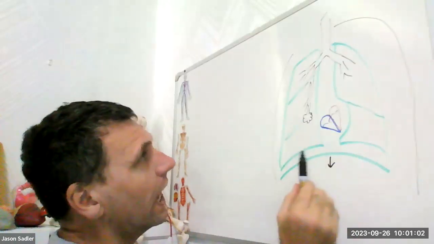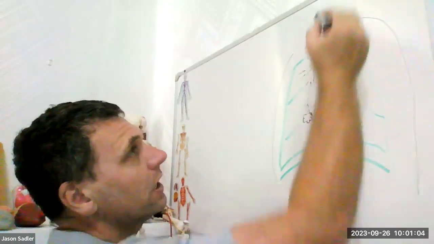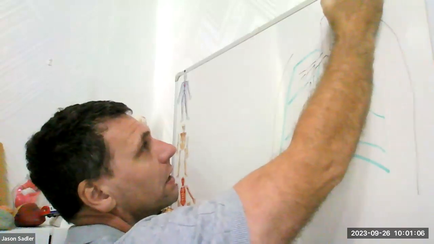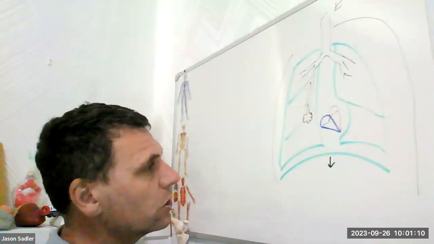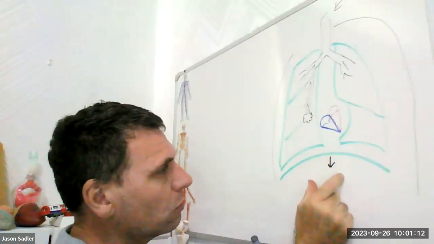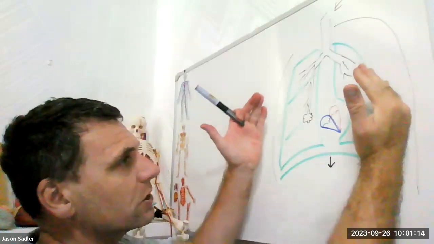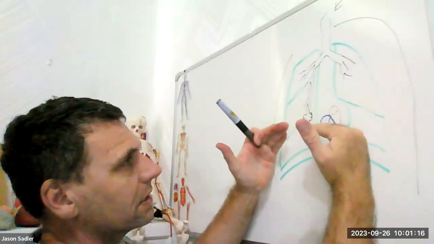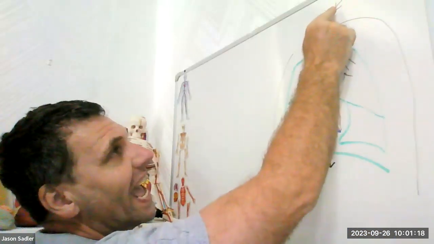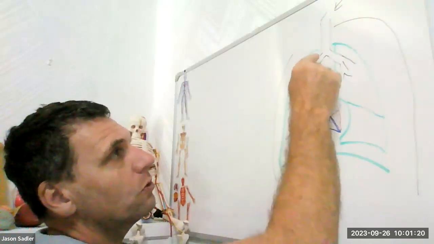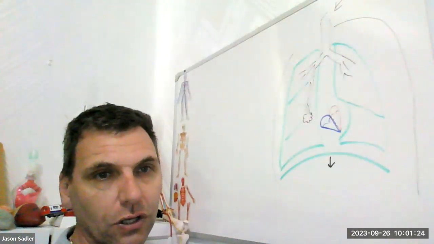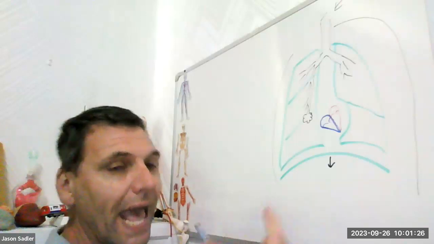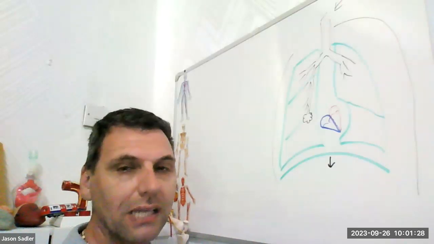The only entrance in and out is via here, the airway. That is it. So when the diaphragm goes down, it creates a vacuum. Everything gets sucked inwards, which means air needs to come into the lungs. That's how it works.